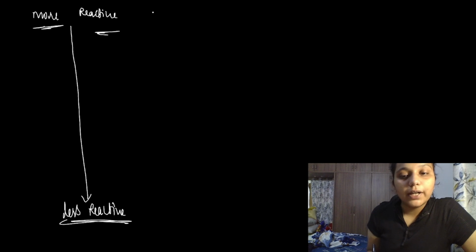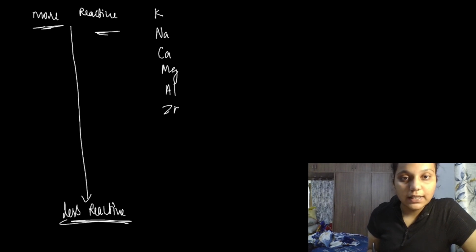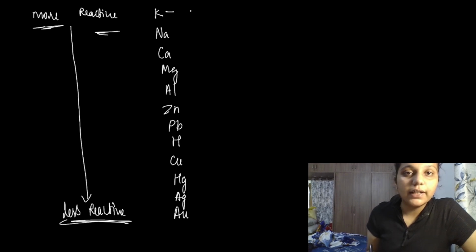So you write potassium, which is K, sodium Na, calcium Ca, magnesium Mg, aluminium Al, zinc Zn, lead Pb, hydrogen H, copper Cu, mercury Hg, silver Ag, and gold Au.